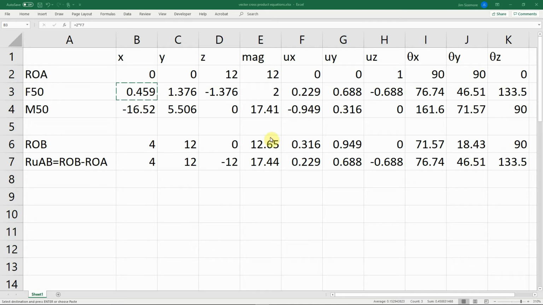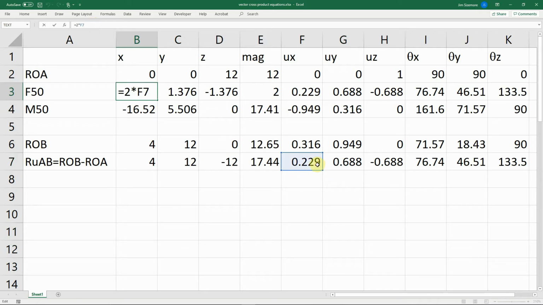Okay, let's take a look at this Excel spreadsheet. ROA, given by this. ROB, given by this. And then the vector from A to B will be given by this. And it's identical to what the book says. This will calculate the unit vector. Now here we have a formula.